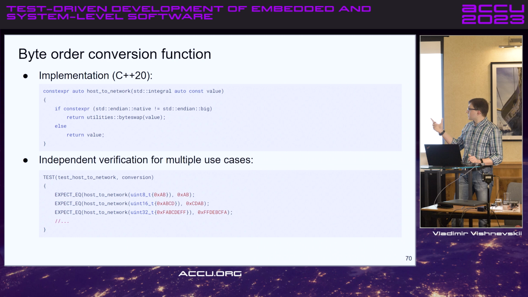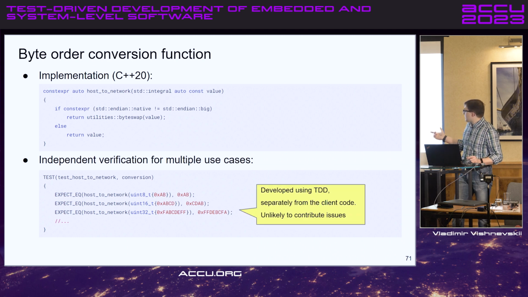It does not affect the readability of the result, but if we test it separately, we are unlikely to bring issues with this function. So, from more simple to more complex structures.